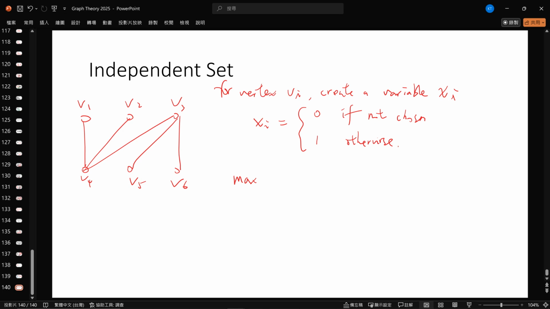The objective function is simply the sum of the variables, because this sum is simply the number of vertices that we choose. So if we maximize this sum, we maximize the number of vertices in the independent set.